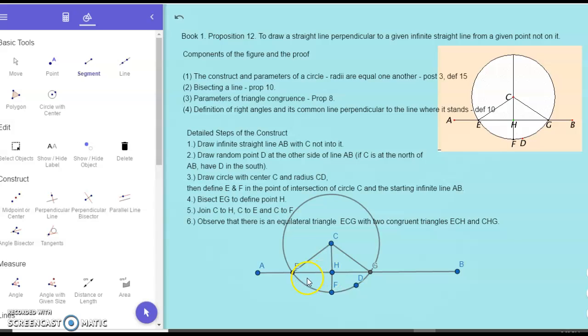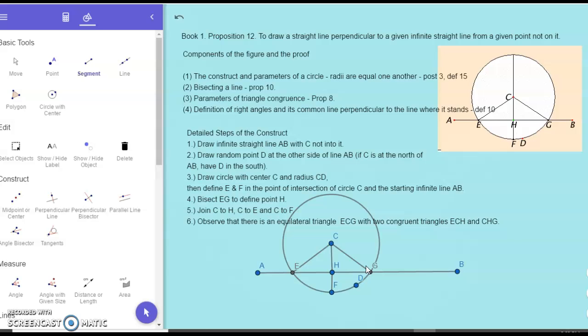Therefore, triangle ECH is congruent to triangle HCG. And we'll use the parameters again of congruent triangles. It is saying that the angles and the sides contained inside those two congruent triangles are also equal.